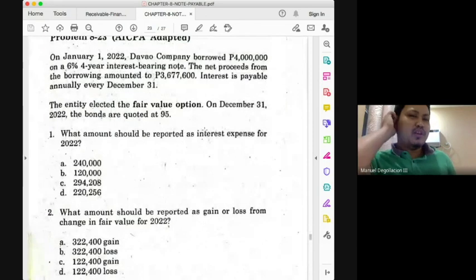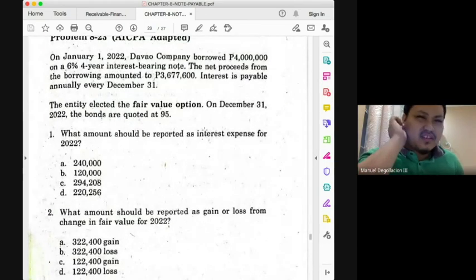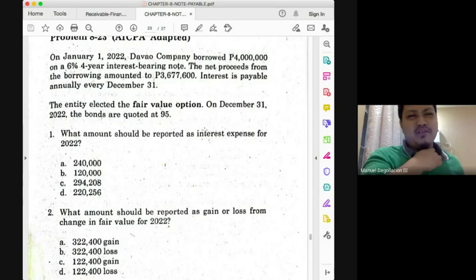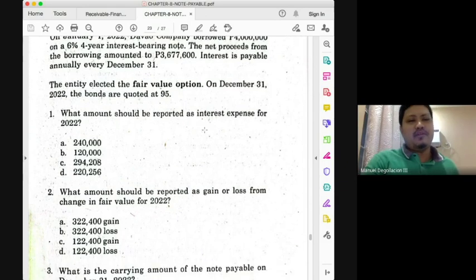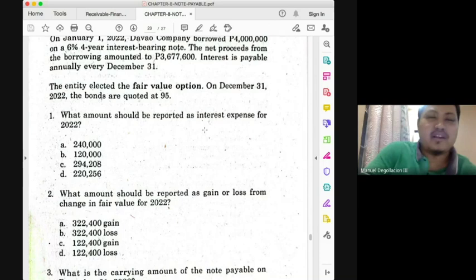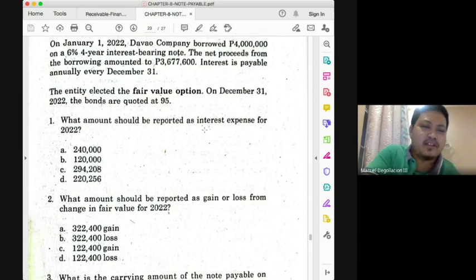8-23. On January 1, 2022, Davao Company borrowed 4 million on a 6% 4-year interest-bearing note. The net proceeds from the borrowing amounted to 3,677,600. Interest is payable annually every December 1. The entity elected the fair value option December 31, 2022. The bonds are quoted at 95. What amount should be reported as interest expense?